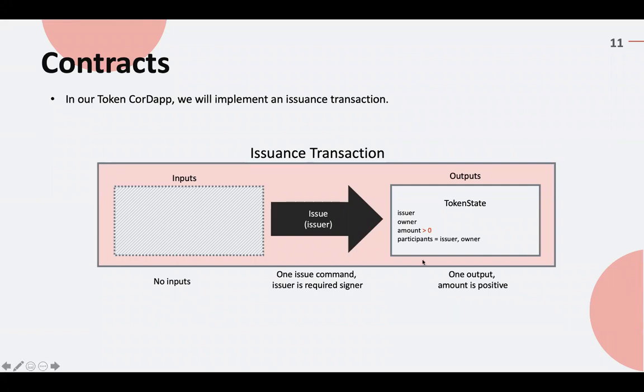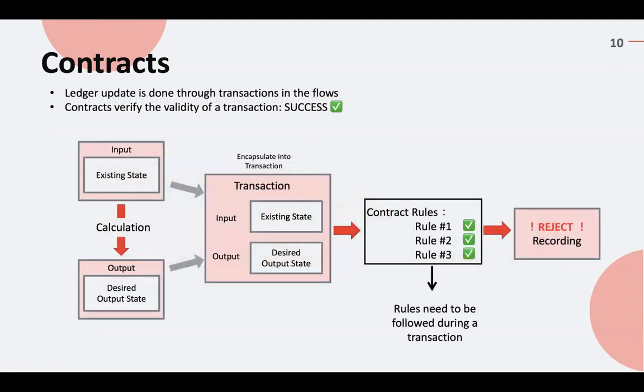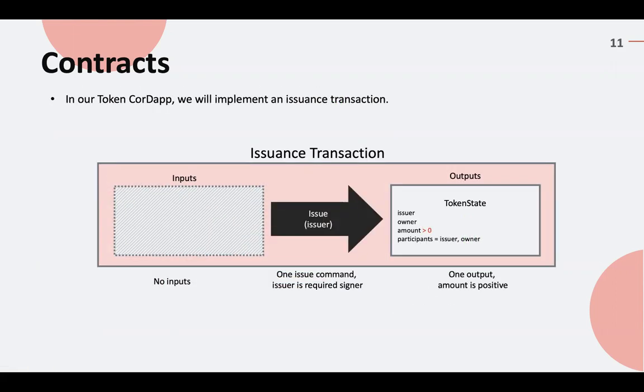Our token state might have a couple of simple things: issuer, owner, amount, whatever. What I described earlier is an update transaction that consumes an input. But in order for the car to get onto the blockchain, it has to be issued onto it. The car has to exist first before you can start moving it around. That is what issuance transactions are all about.